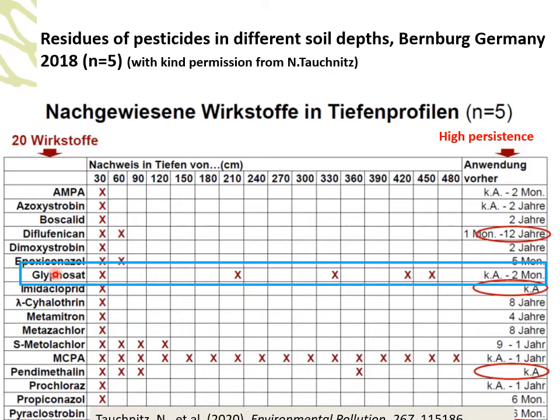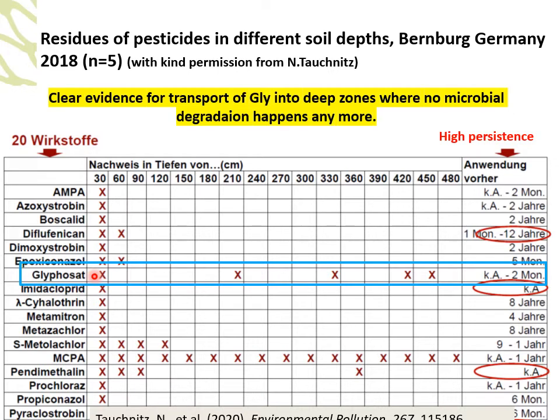Here are the data for glyphosate, and you can see that they found glyphosate also very deep down in the ground, which shows that it is transported down into the ground. The problem when glyphosate gets into deep zones is there is no more microbial degradation, and that means that the glyphosate then can get into the groundwater without being further degraded.